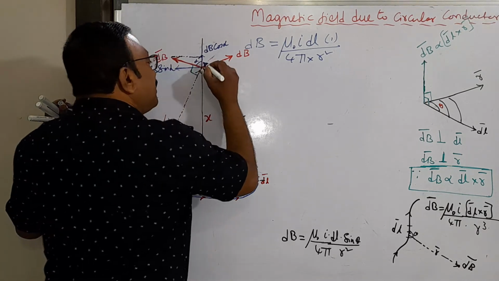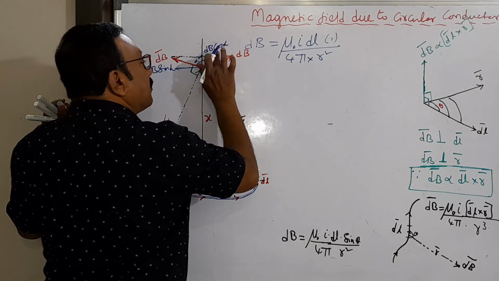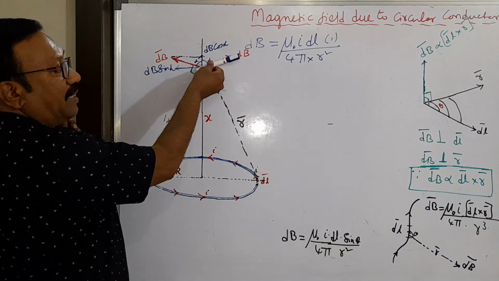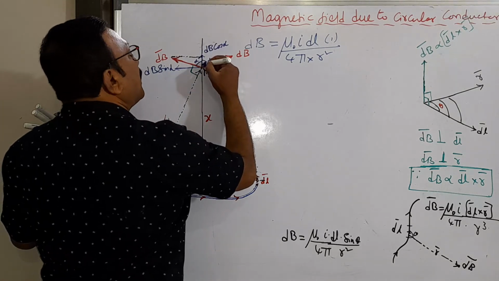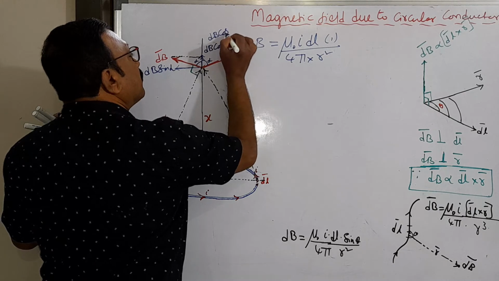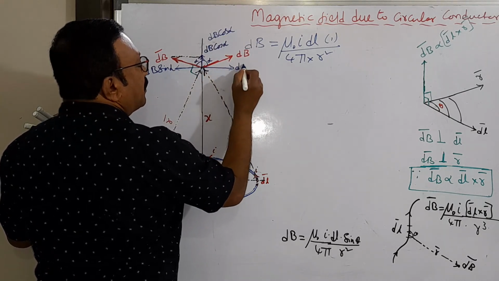If this angle is alpha, this is also alpha only. Again I will resolve this dB as dB cos alpha, dB sin alpha. So I will be getting one more dB cos alpha here, and one more dB sin alpha.